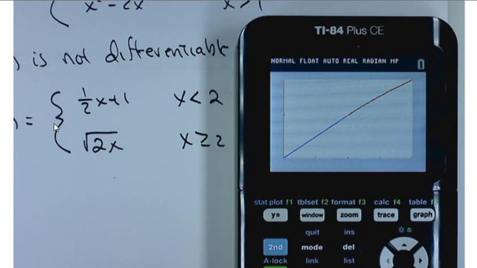Everyone able to get a graph that looks like this? Helen? Yep. Yeah, looking good.